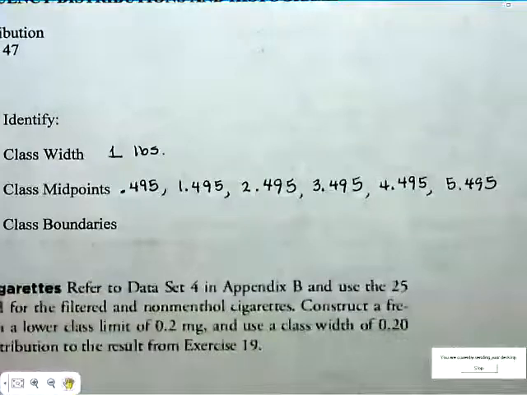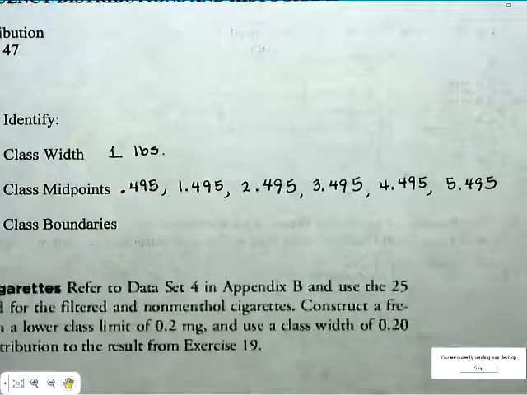When you're trying to get the midpoint between 0.000 and 0.099, would you begin adding at 0.01? No. Let's think about easier numbers. If I was going to use 80 to 90 for one of my classes when I was tallying up grades, I would just add the 80 plus the 90, which is 170, and divide by 2. 85 would be the class midpoint.